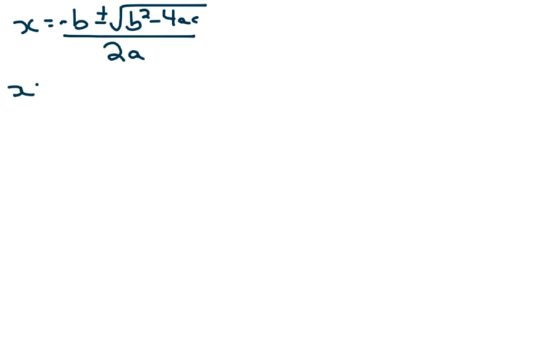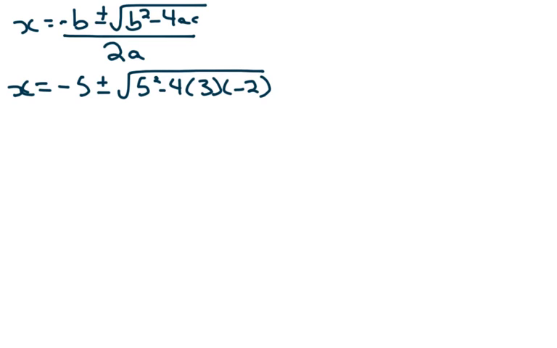Substitute in what we know. B was 5, so we have negative 5. We have 5 squared minus 4. A was 3. C was negative 2. Divided by 2a, 2 times 3.